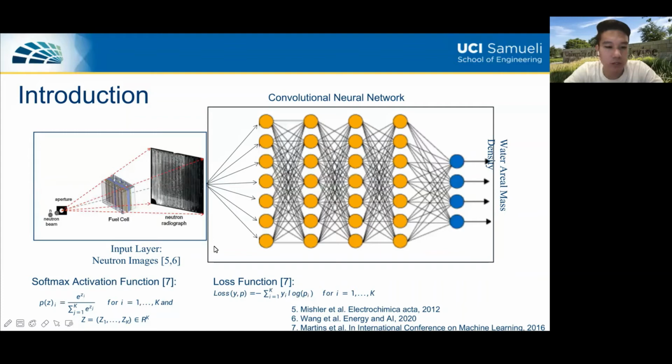Also, the softmax activation function has been used for the CNN model. The function is shown here, and it is the last layer of the CNN model. The loss function shown here has also been applied to evaluate the CNN model accuracy.